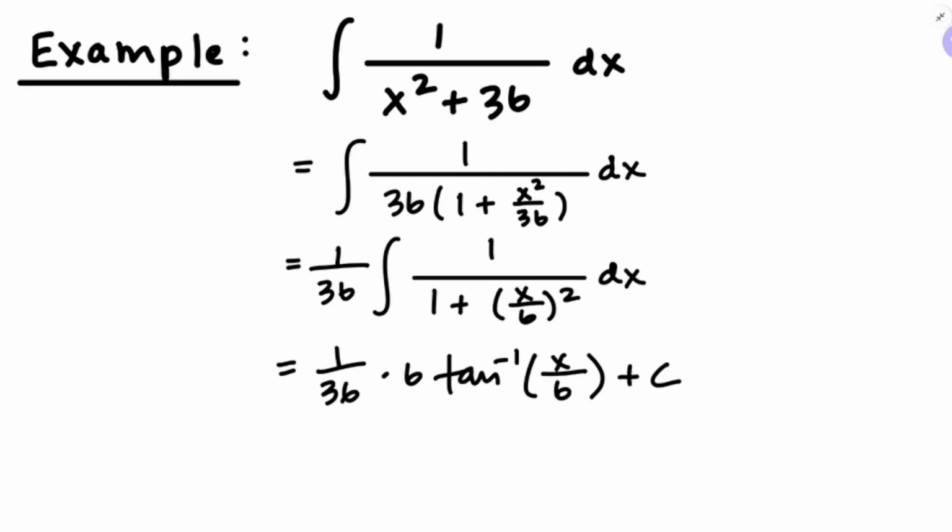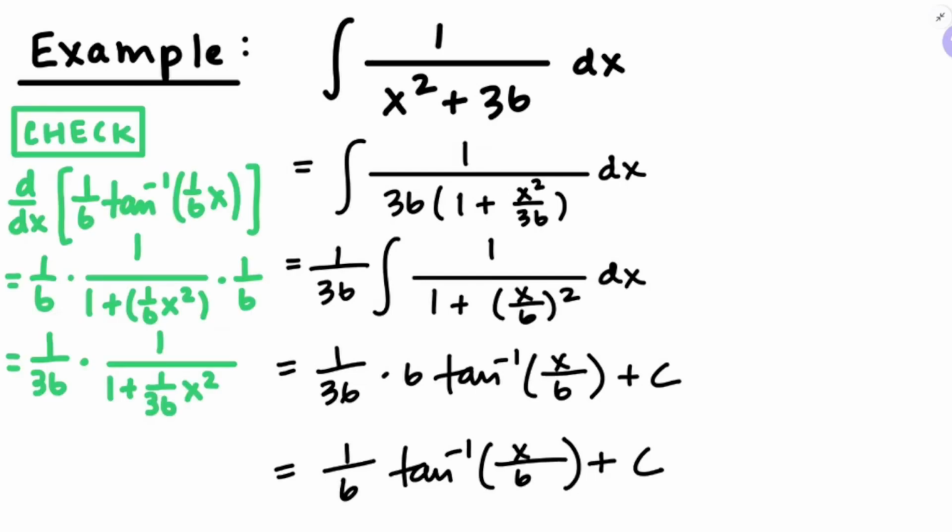And then I'm going to say, all right, that's equal to 1/6 of the arctangent of 1/6 of x plus c. And if I go off to the side and check again, I'll see that I actually do need that 1/6 to make sure that I have 2 powers of it out to the side, and I get the 1/36, so it works just right. Okay, so that's kind of how it's going to work in the arctangent case.